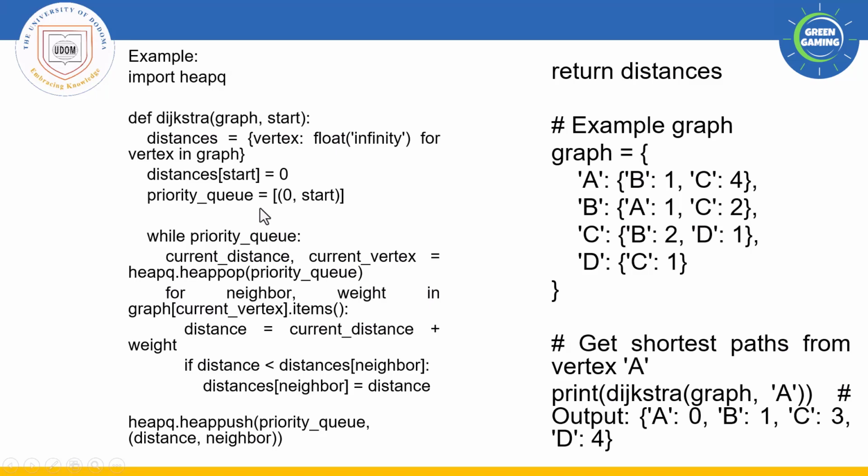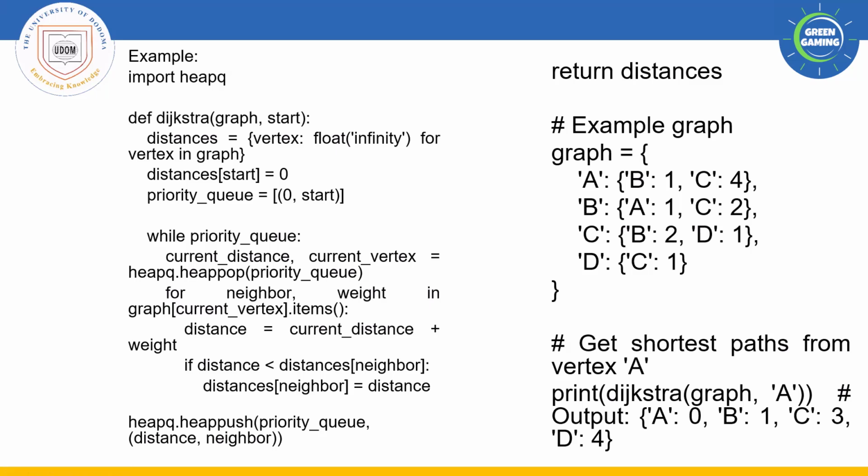Then we define our priority queue with 0 and the starting point. The priority queue, which is implemented as a min heap, is initialized with a tuple of the starting vertex and its distance. So the starting vertex is 0, and the distance is start.